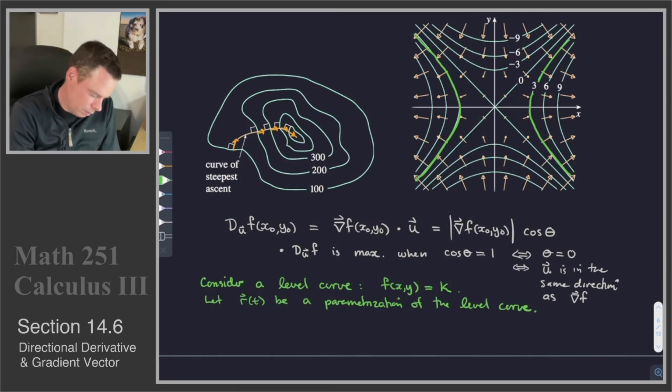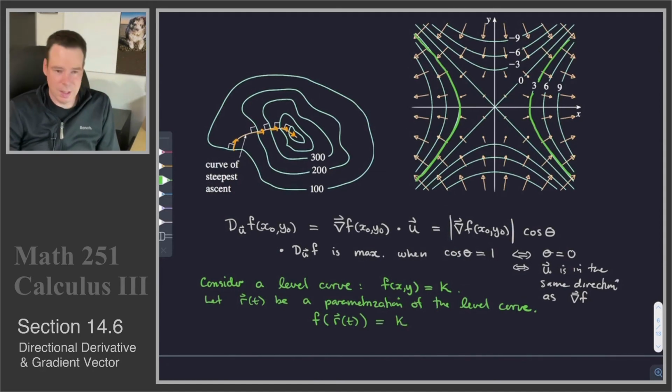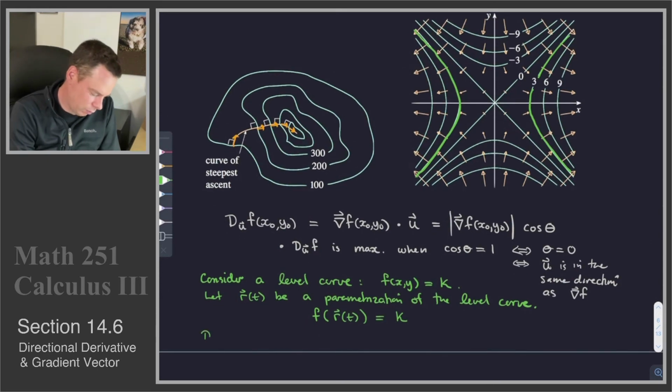So let's first write down what it means to be a parametrization of the level curve. It means that if I plug that into our function, then a constant will come out. K will come out. For every value of t, k comes out because that's a parametrization of the level curve. All those points plugged into the function return the same output. So now we can differentiate that equation. And when I differentiate, I'll use the chain rule.